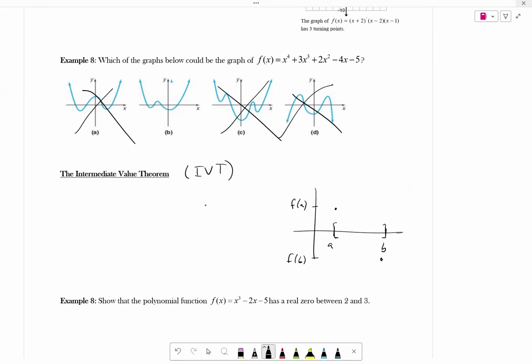So I'll go ahead and make a for instance graph. We're going to need a couple sentences here.